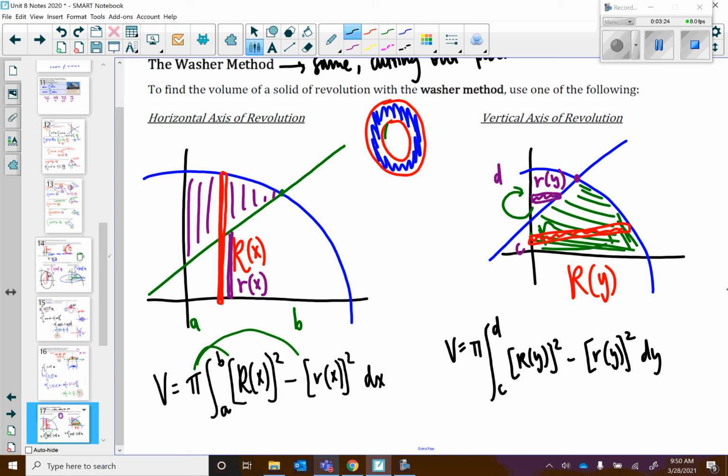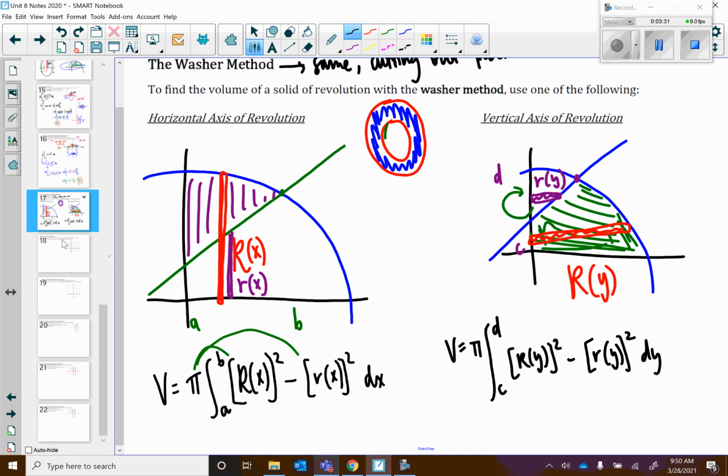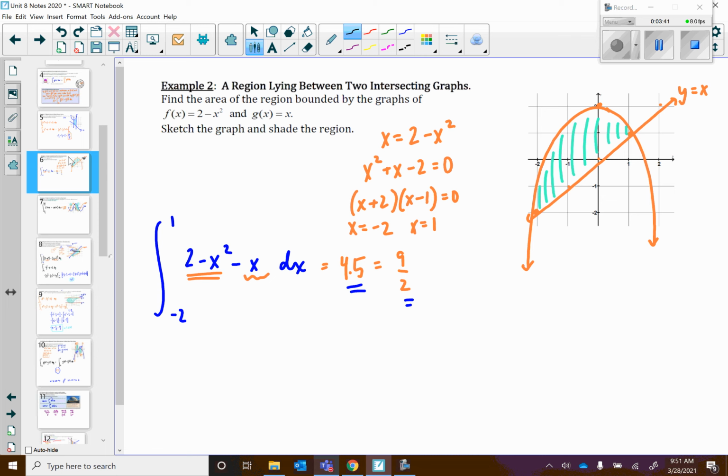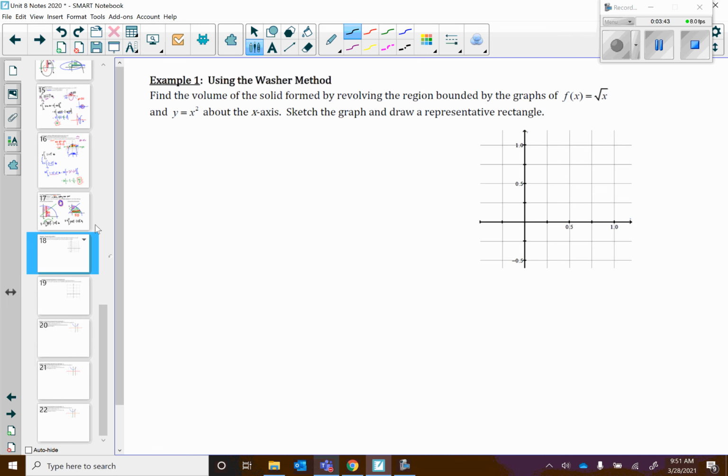It's kind of combining the things we did most recently with finding the area where we had two functions, where we took the upper minus the lower. It's the same idea. So let's do one together.